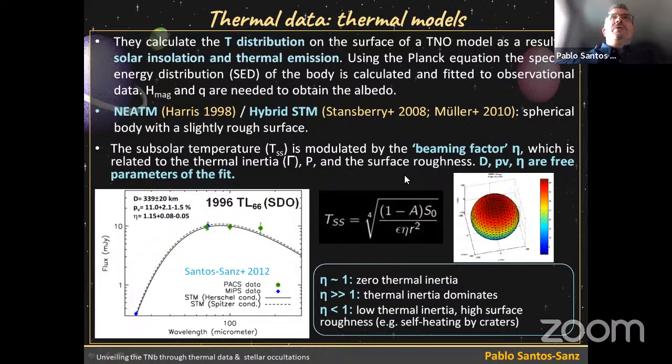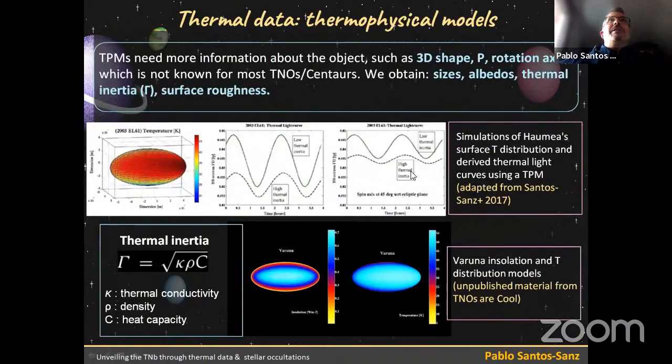Well, we can make the model more complex, and then we will have what is called a thermophysical model. From a thermophysical model, we can obtain information about sizes, albedos, and also the thermal inertia and the surface roughness. So we can obtain more information on the thermophysical properties of the objects. The problem is that to apply a thermophysical model, we need more information on the object.